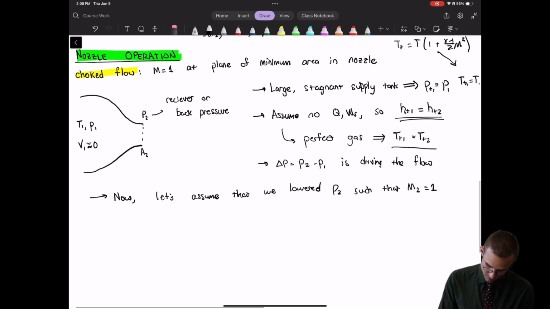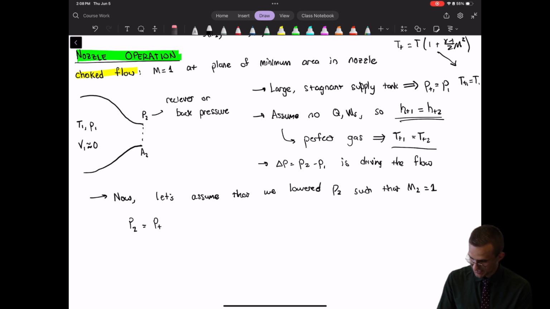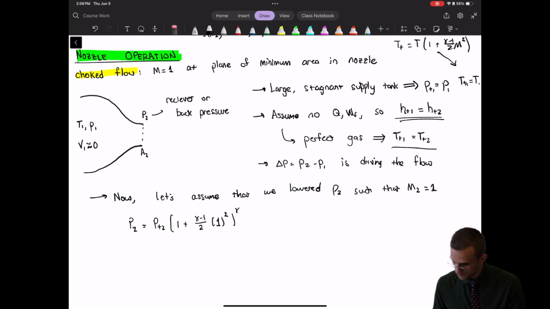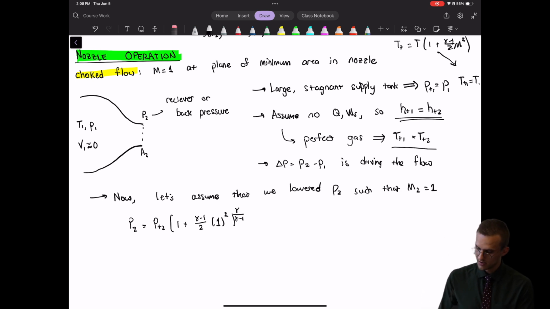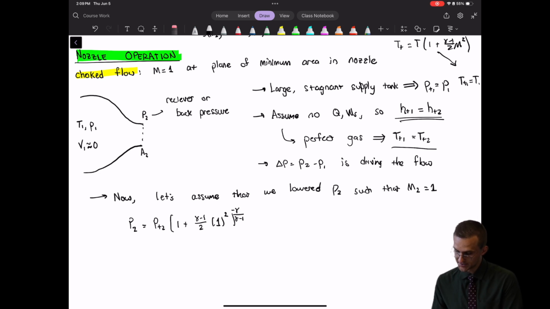Then P2 is equal to PT2 times this quantity 1 plus gamma minus 1 over 2. Now you normally have M squared here, but we're going to have 1 squared because we're assuming that M2 is equal to 1. And this is to the power gamma over gamma minus 1. Yeah, this should be a negative up here. Correct, yeah, because we divided it across.